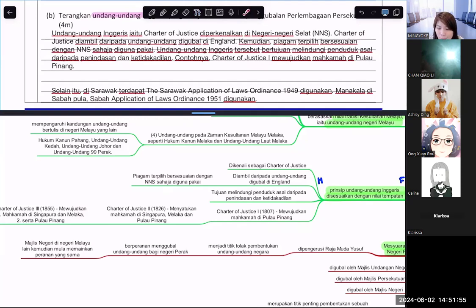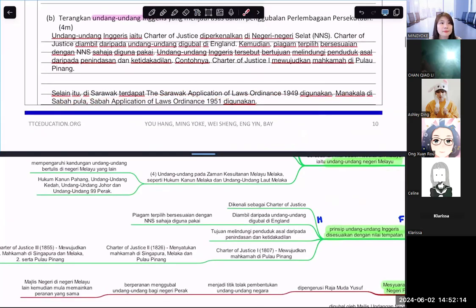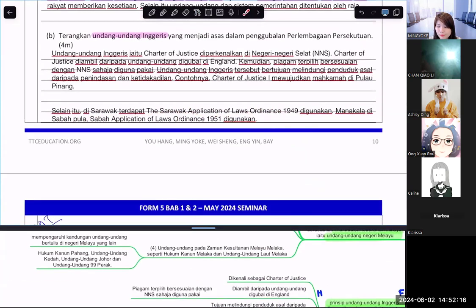Just that for Sabah Sarawak, usually most of it is in objective, but you still need to go through. Selain itu, di Sarawak terdapat the Sarawak Application of Law Ordinance 1949 digunakan. Manakala di Sabah pula, Sabah Application of Law Ordinance 1951 digunakan. That's the two.